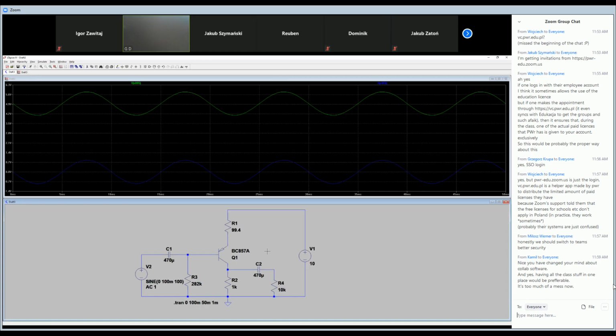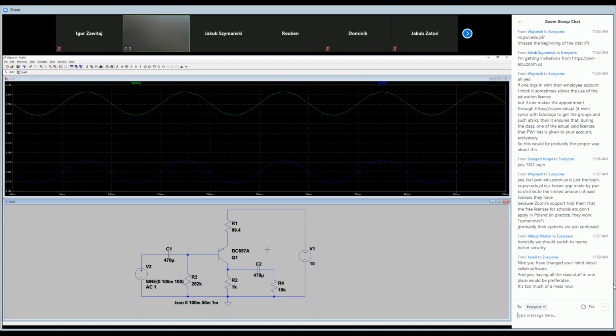Yes, Jakub? Passive power draw of this amplifier is around 50 milliwatts. How much of this is 50 milliwatts? How much power? This should use about 15 milliwatts.